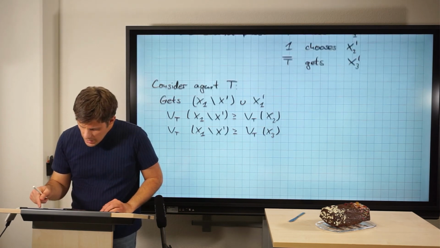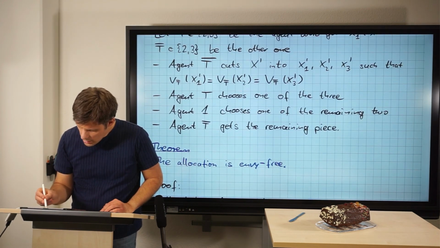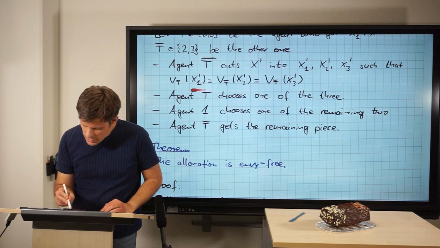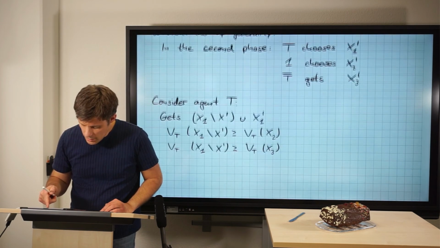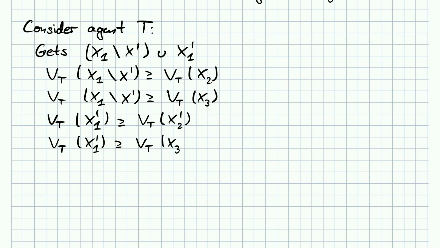Now what else do we have? Here, out of these 3, agent T is the first one to choose. So we'll also have that the value for x1 prime is at least the value for x2 prime, and the value for x1 prime is at least the value for x3 prime.